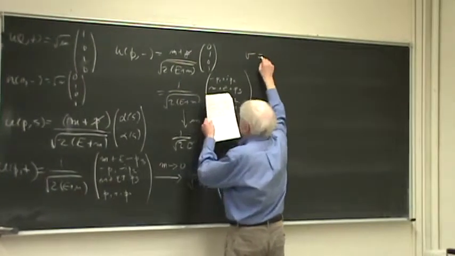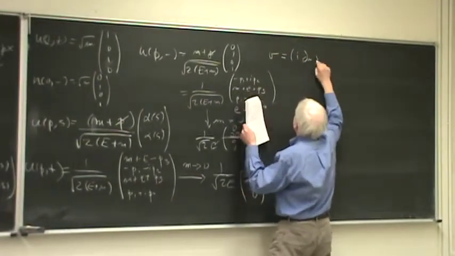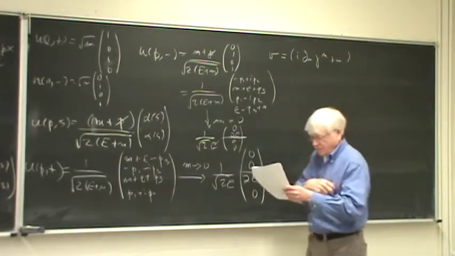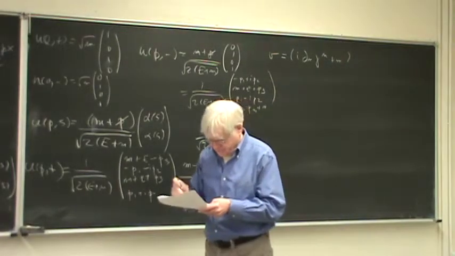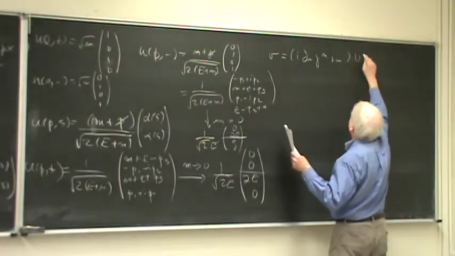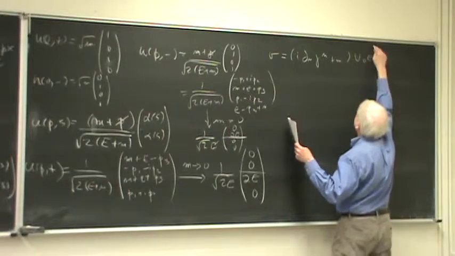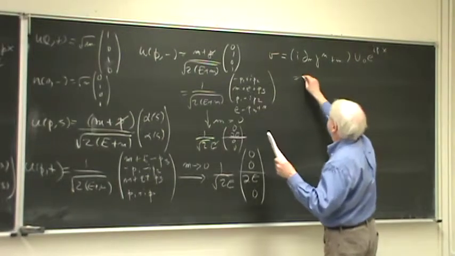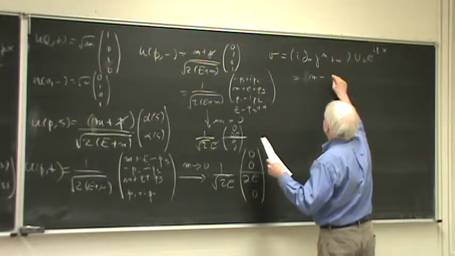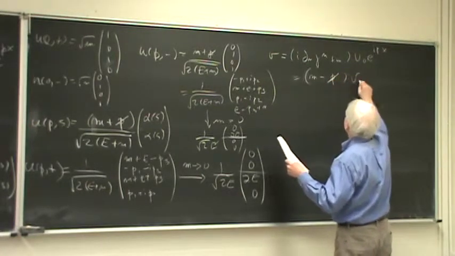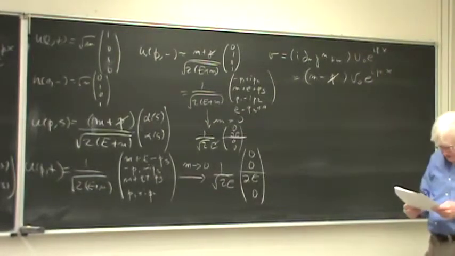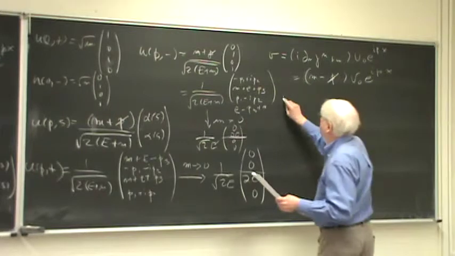So v is (i ∂μ γμ plus m), there's a typo, v0 e to the i p x, and so this is (m minus p slash), effectively, v0 e to the i p x.